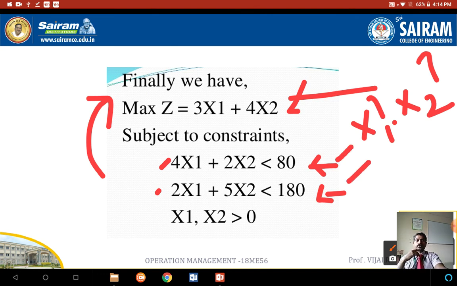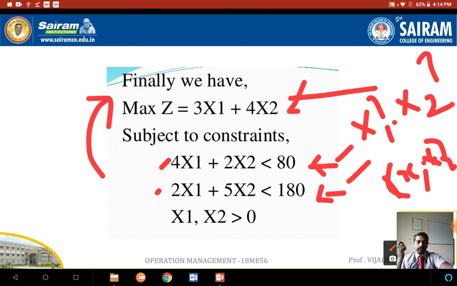Considering x1 equal to 0, you will get x2, and similarly with x2 equal to 0 you will get x1. Then we get coordinate points as x1, x2. These coordinate points we will use in the maximum position, so that we find which is the maximum value and which x1, x2 will be useful.